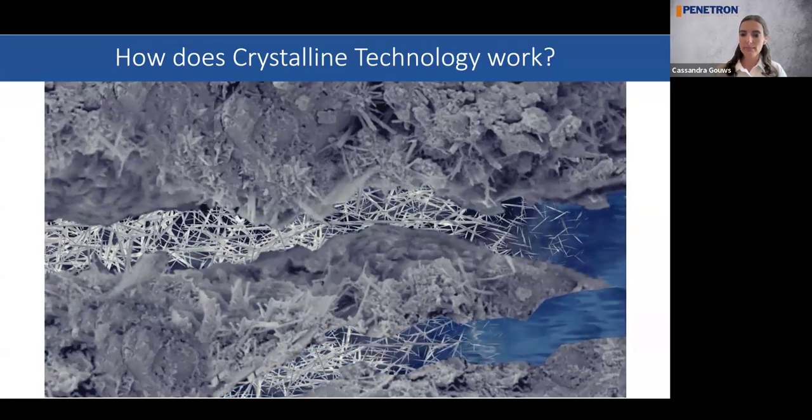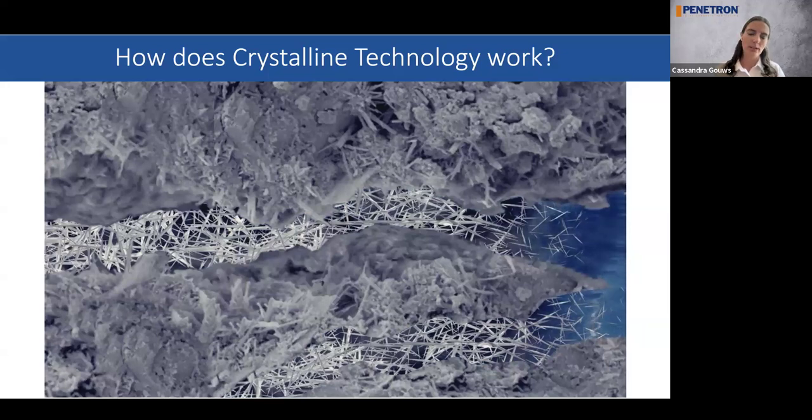Should cracks appear a day, a week, a month, 10, 20, 30 years down the line, all that crack requires is water for it to activate the crystal growth process. And that's what you saw there. The crack formed, water ran through the crack, and those crystals self-healed that crack again. So hopefully that makes a little bit more sense and you know what's happening inside of the concrete, because it's a different concept.